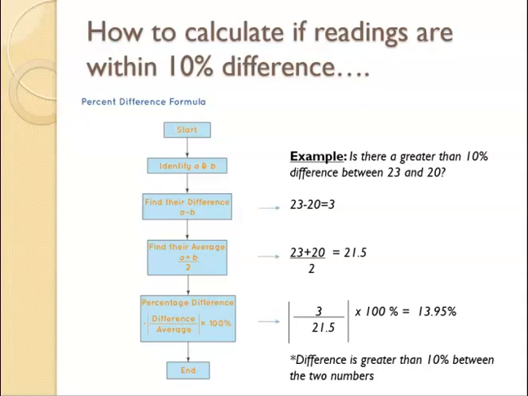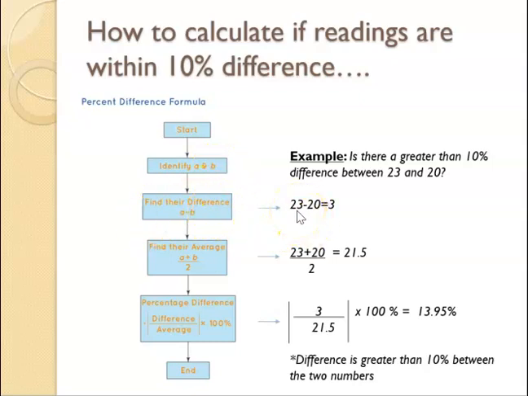So this slide is just showing you how to calculate the difference to see if it's within 10% for your hemocytometer. So you're going to start and you're going to identify your count for side A versus side B. Remember, you have two squares or grid patterns on your hemocytometer. So one is A and one is B. You're going to find the difference.